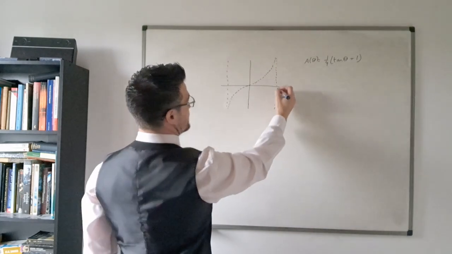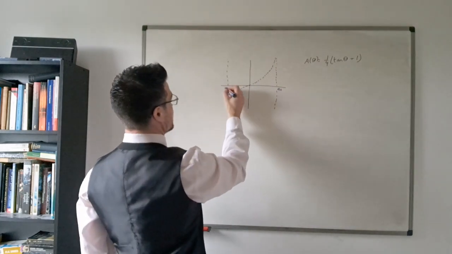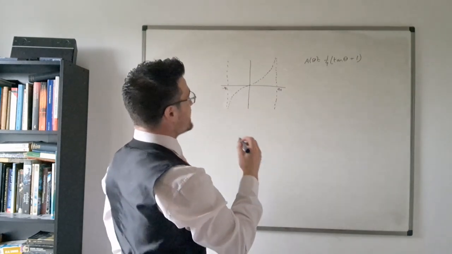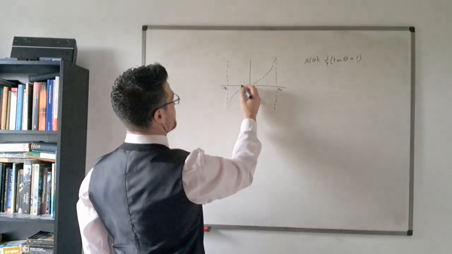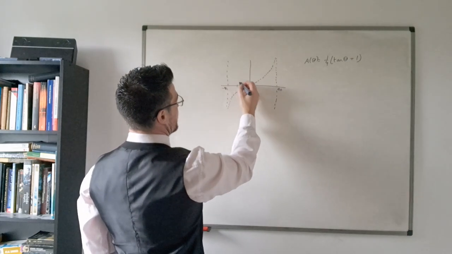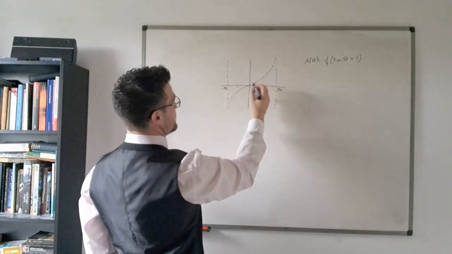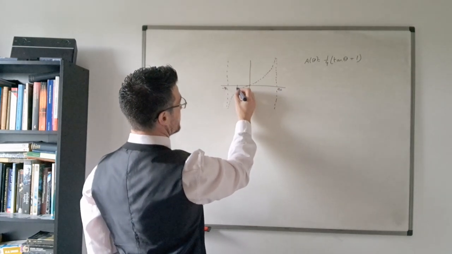Okay, so we've got the asymptotes here at 90 and minus 90. So tan theta plus 1, right? So maybe now if I go to 45, I know that the value at minus 45 is minus 1.